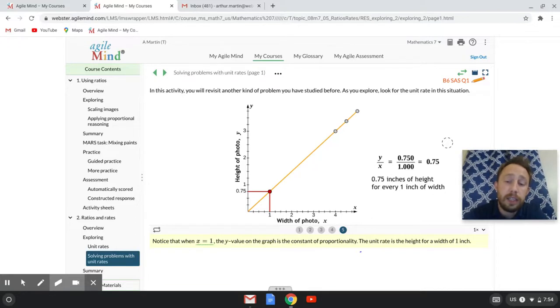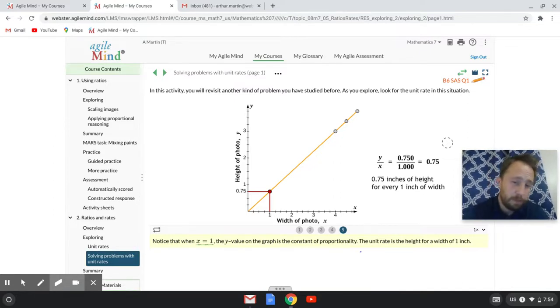So looking at this, they were able to find the actual point on the graph by saying that when we get to 1 inch of width, that is equal to 0.75 inches of height. And so anytime that we want to find the unit rate on a graph, all we have to do is make x 1 and find y.